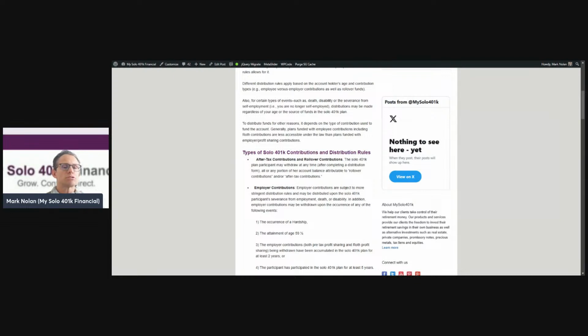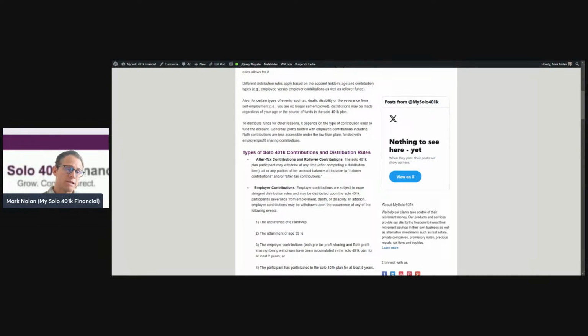You're going to be able to distribute those funds from the solo 401k plan because they're coming over from an IRA, or let's say they came over from an employer pre-tax 401k. So you don't have to meet that triggering event of age 59.5 or no longer self-employed to take a distribution of pre-tax solo 401k funds that were transferred from a former employer or from an IRA.